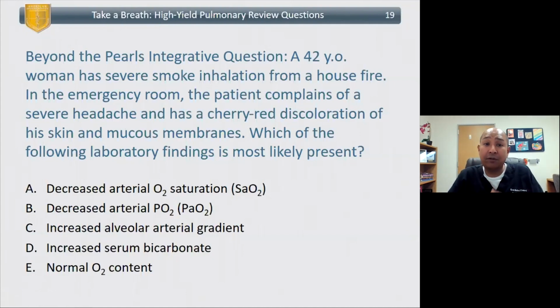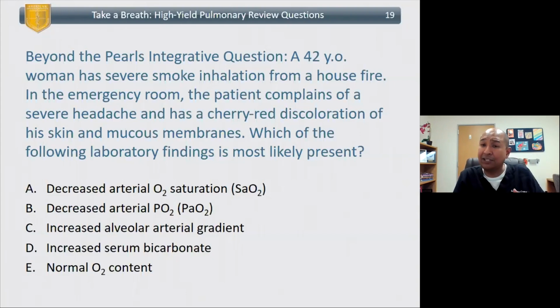And the way I look at it, folks, I don't know if anyone's got an answer already. Just raise your hand, I know I can't see. But if you have carbon monoxide, remember, it loves to bind to hemoglobin. And when it binds to hemoglobin, it steals one of those binding spots for oxygen. So if you are talking about total oxygen content, it's made up of two measurable things: the O2 sat, the amount of oxygen bound to hemoglobin, and the dissolved oxygen.